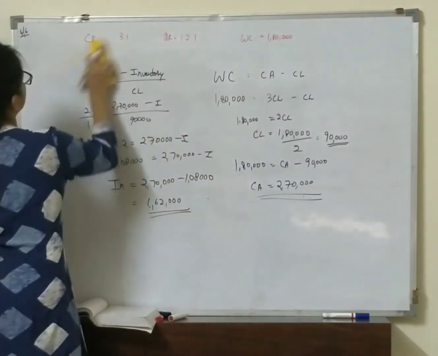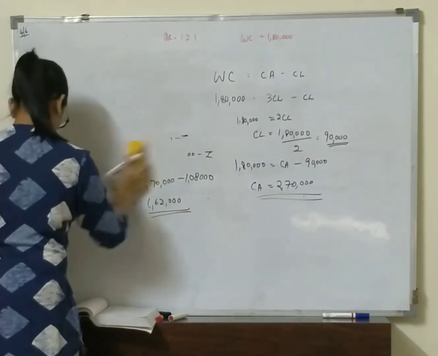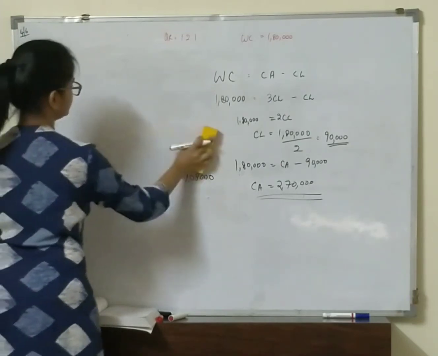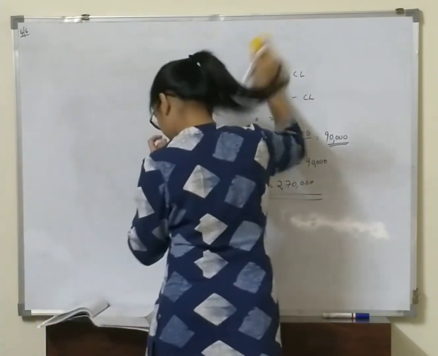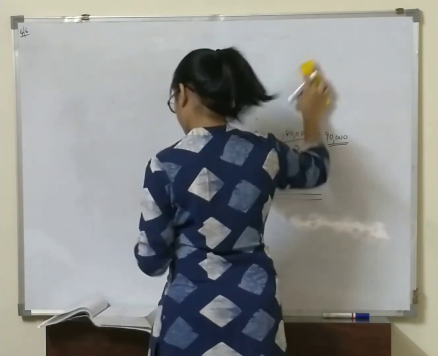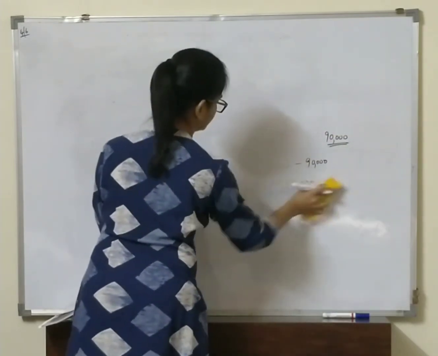Next problem. Take down. A firm has a current ratio of 4:1 and quick ratio of 2.5:1.